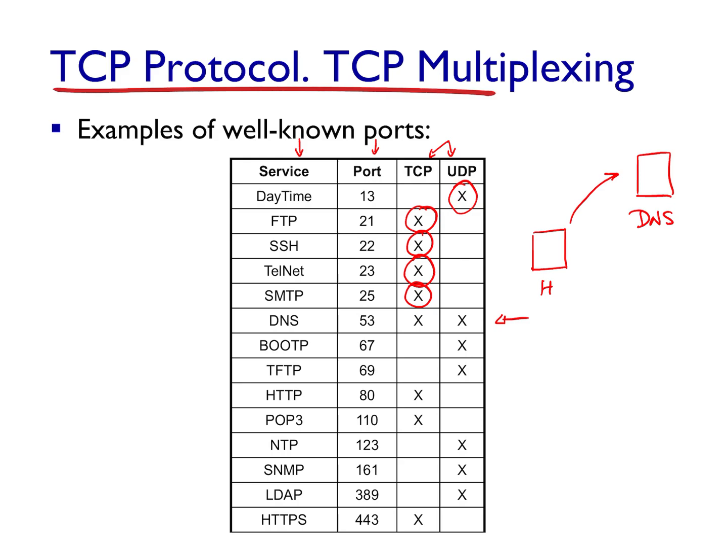I'm giving the name, and I'm requesting the IP address that is associated with that name, in order to include it in the IP header. So this communication from a host to a DNS server is commonly based on UDP. But if the DNS server needs to communicate with other DNS servers, in this case DNS runs on top of TCP. That's the reason why we have both options in this case.